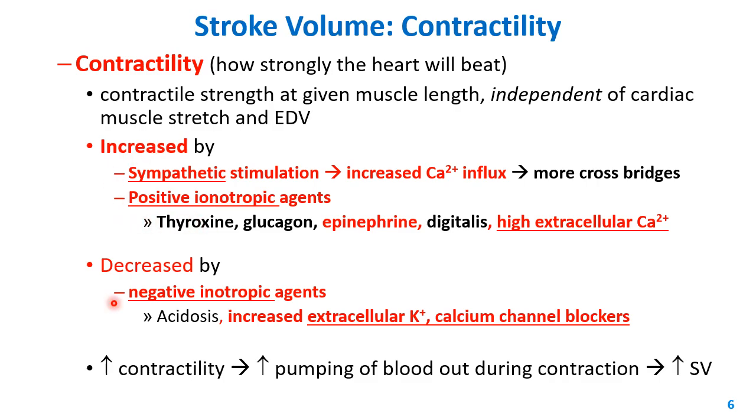Then on the other hand, you have some negative inotropic agents that can slow down or diminish that force of contraction of the heart. An example of those negative inotropic agents could be if you have blood acidosis. If the pH of the blood is too acidic or too low, pH too low, that means acidosis.